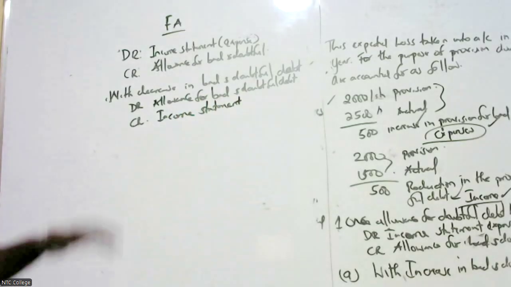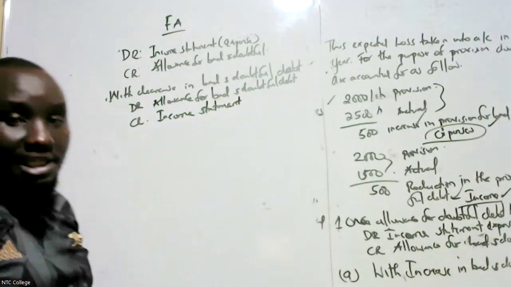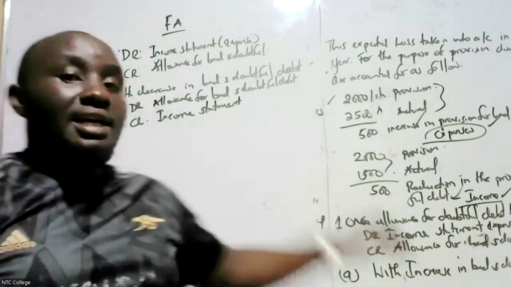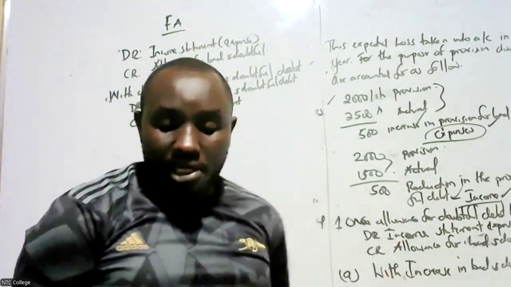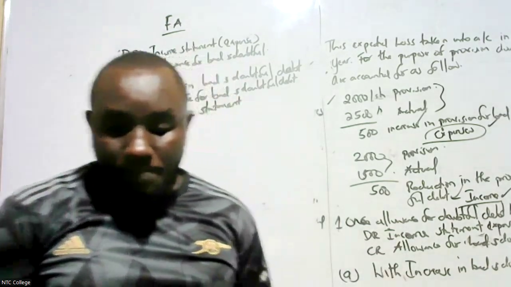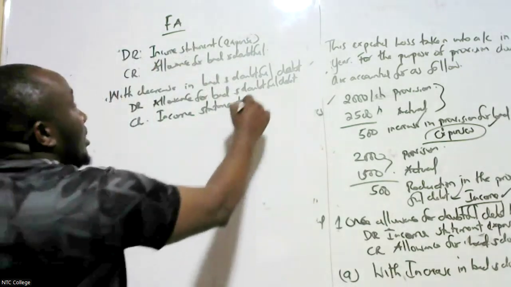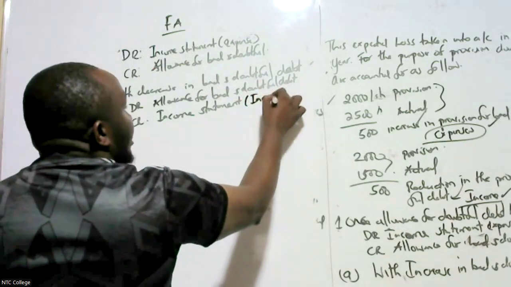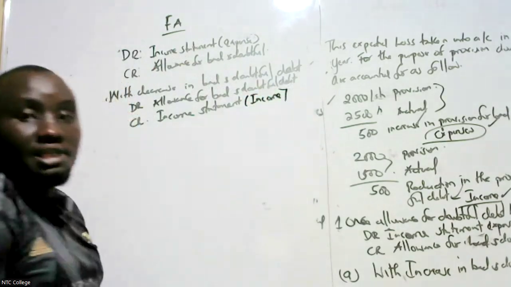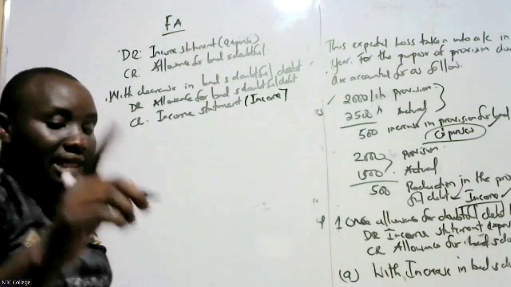You find that it should be credited on the income statement. And you add the decrease in bad and doubtful debt to other incomes.